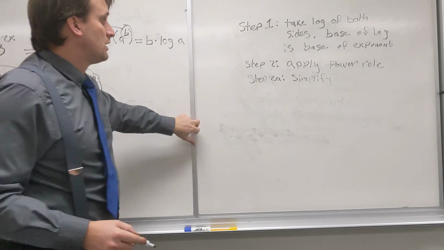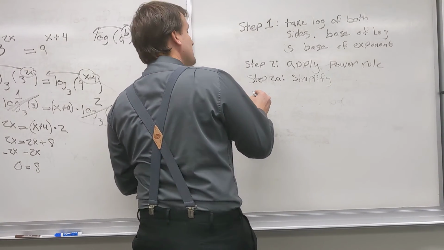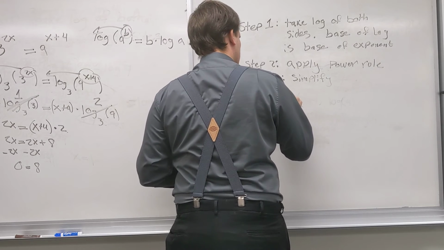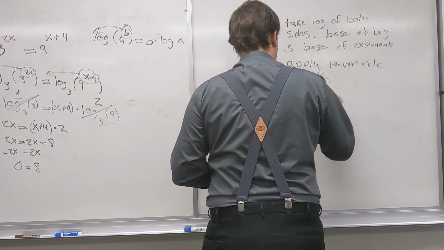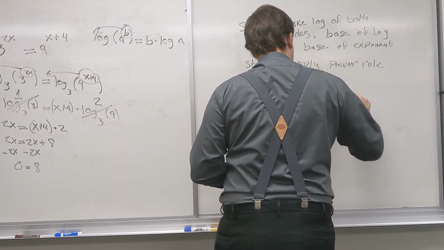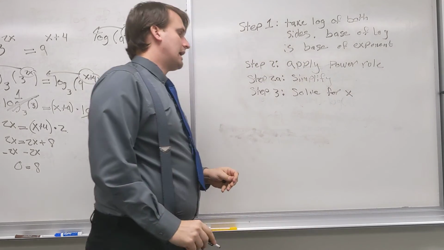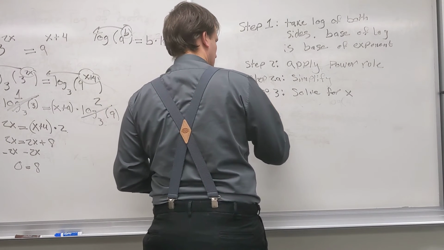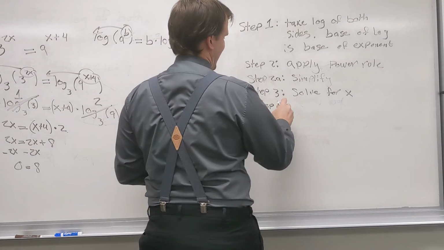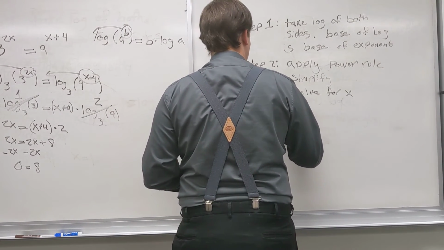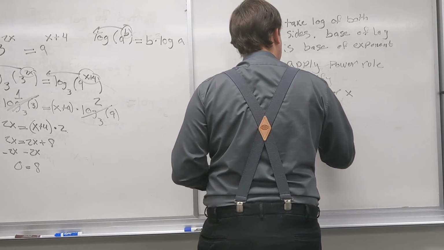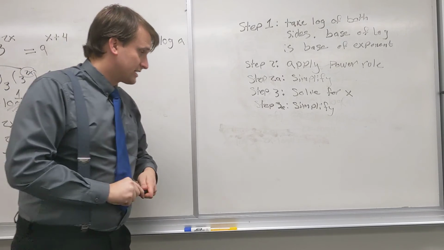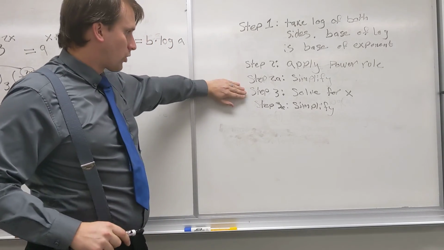Okay, so step 2a, simplify. Step 3, solve for x, okay? And then of course step 4, which should be, I guess, step 3a again, is to simplify again. All right. Now, step 3, solve for x, right? Wow, why don't you just draw the whole owl for me right there?